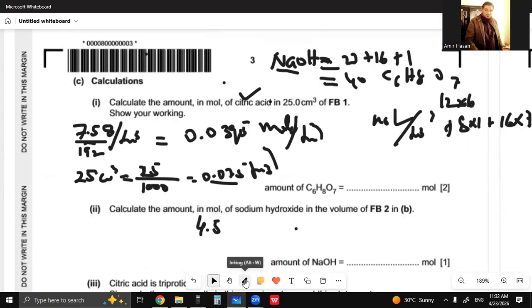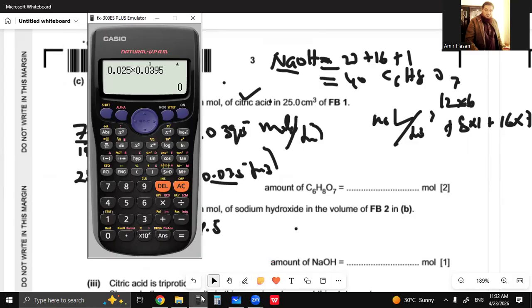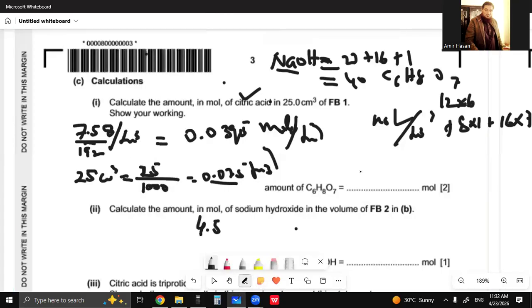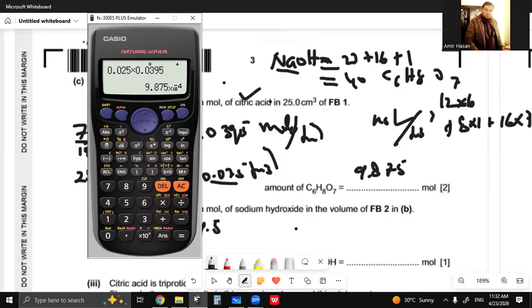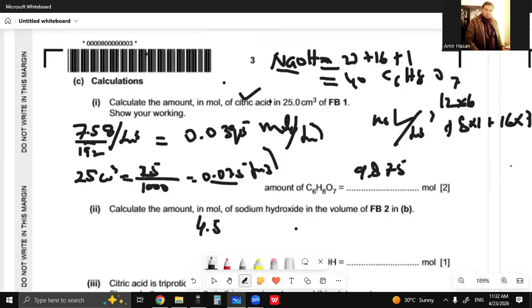When we multiply volume and concentration, we get the reading in mole, 9.87 into 10 power minus 4. All the things are accurate here.